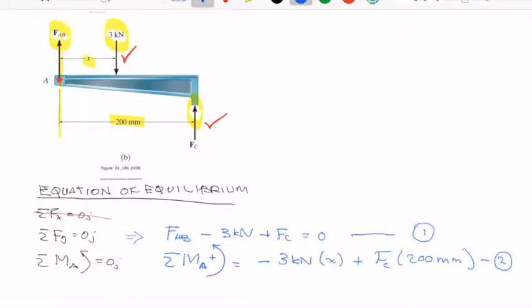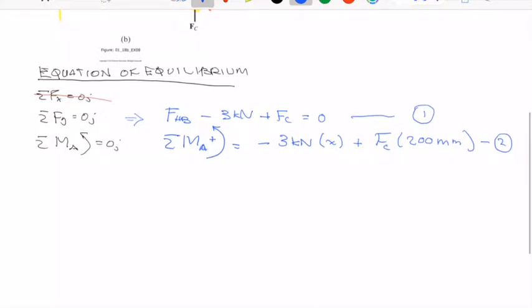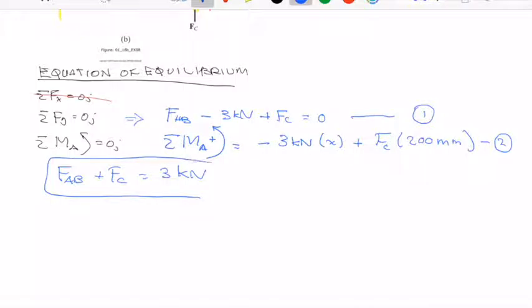Now let's try to solve this in terms of FAB and FC. So I have FAB plus FC equals 3 kilonewton, and that comes from equation 1. I'm just simplifying it.